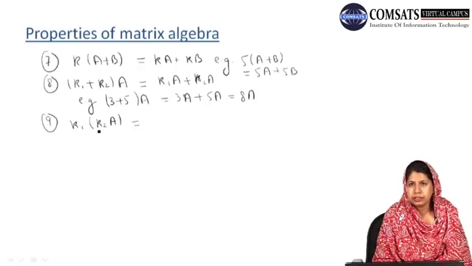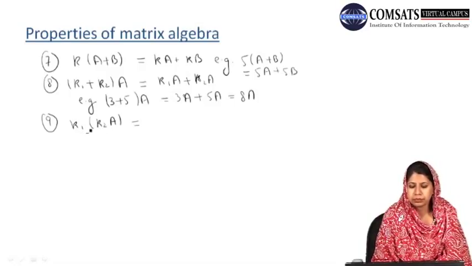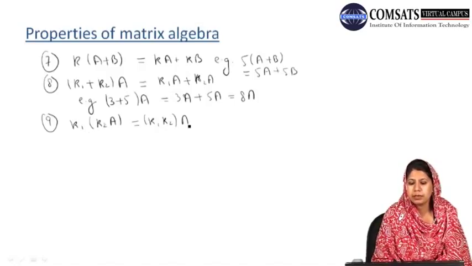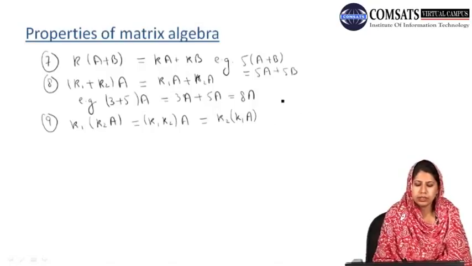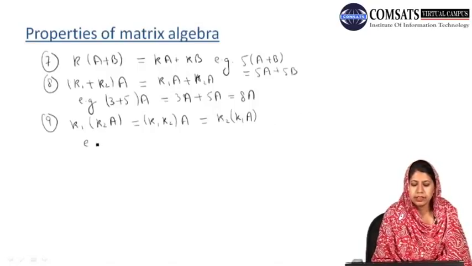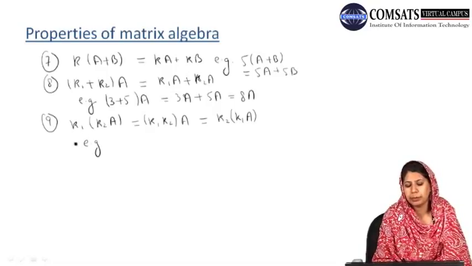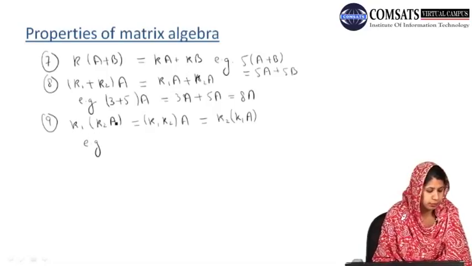So if we take the scalar multiple with respect to k2 and then with respect to k1, or we simplify the scalars and then take the scalar multiple of A, or if we take the scalar multiple of k1 and then with k2, they are all the same. That is, when we have more than one scalar multiple, the order does not matter.